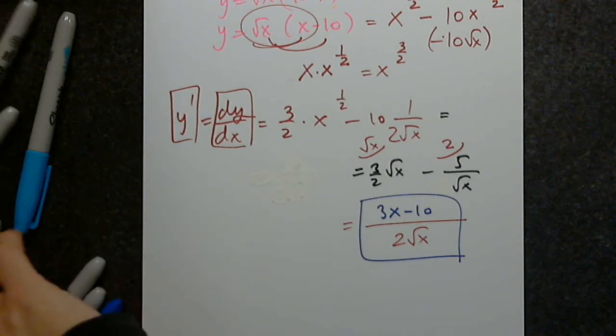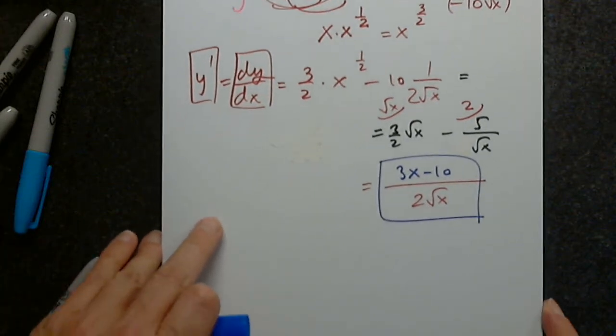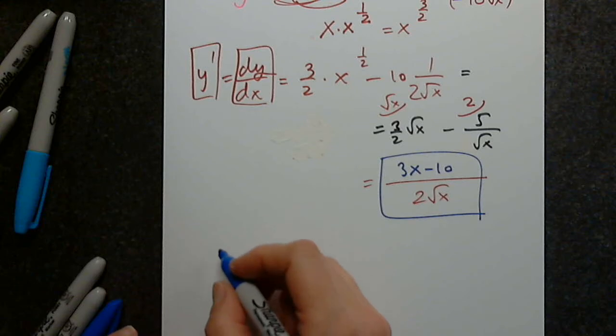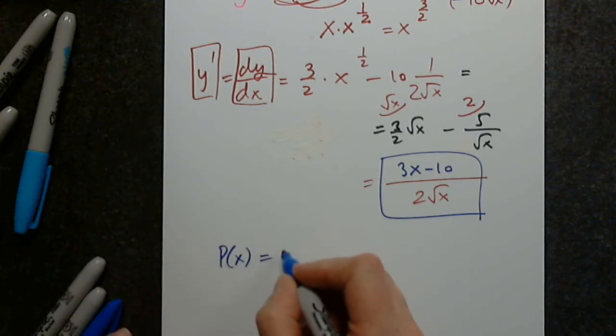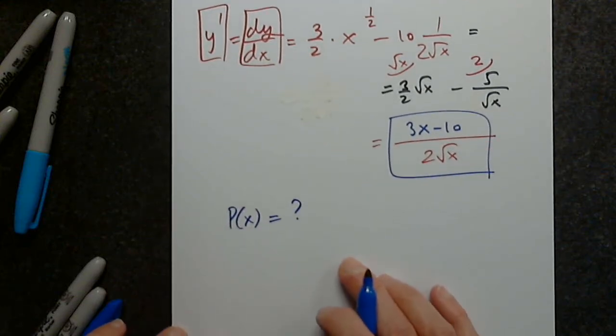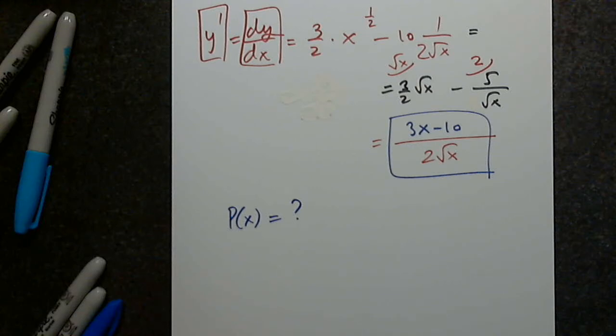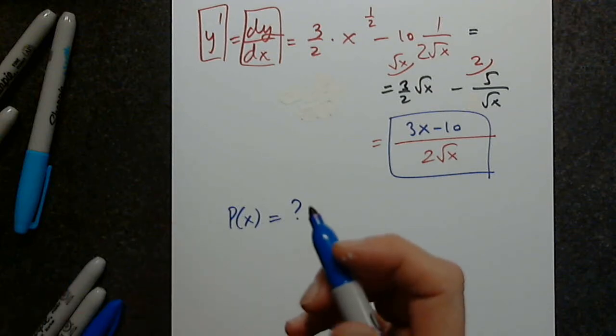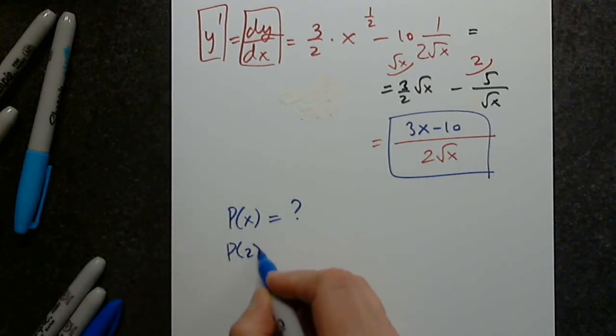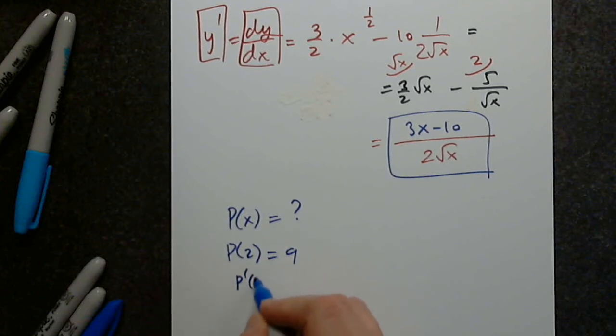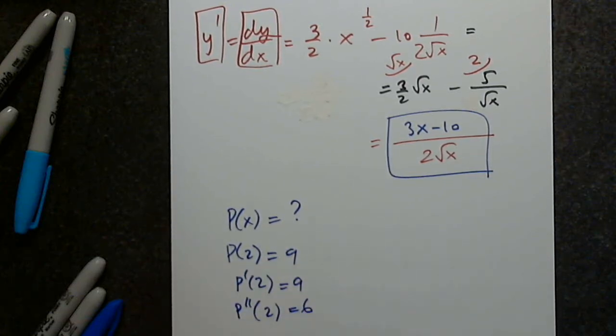I did have another one. Yes, please. There's a find the second degree polynomial p such that p of 2 is 9, p prime of 2 is 9, p double prime of 2 is 6. Yeah, we did a problem like this in class, if you remember. Oh, that's my bad. That's okay. Good.